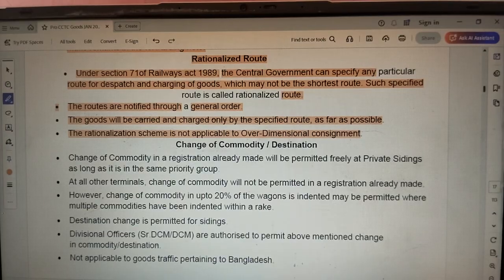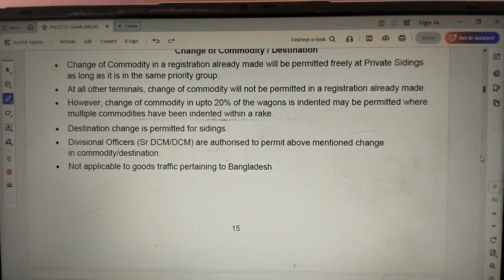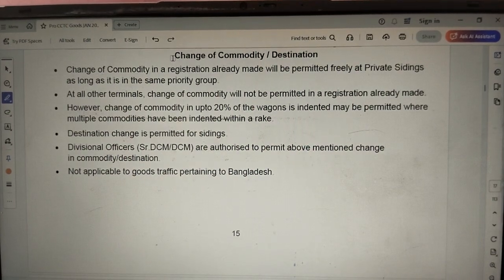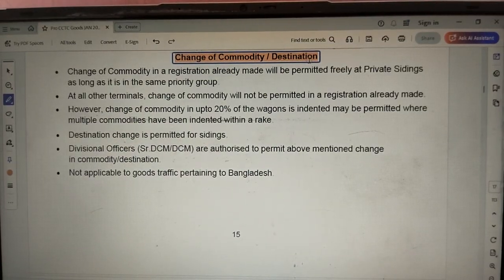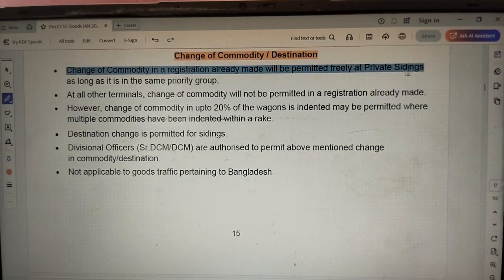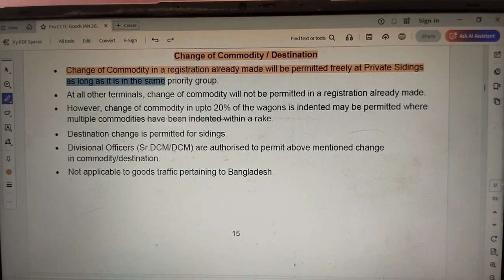We have seen this before. Now, change of commodity and destination. A change of commodity in a registration already made will be permitted freely at a private siding as long as it is in the same priority group.